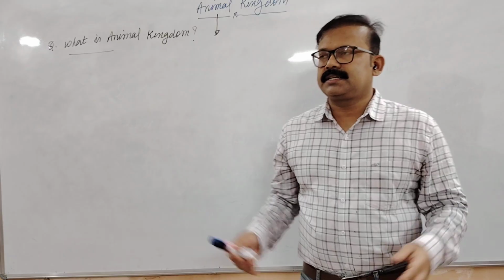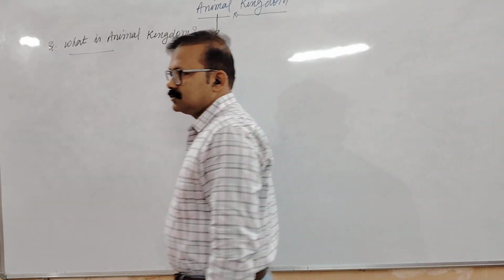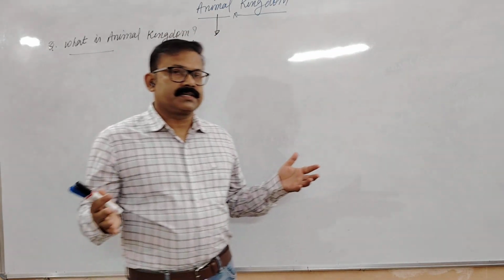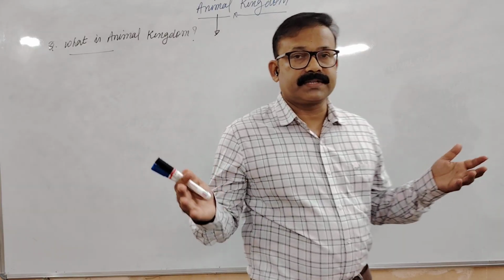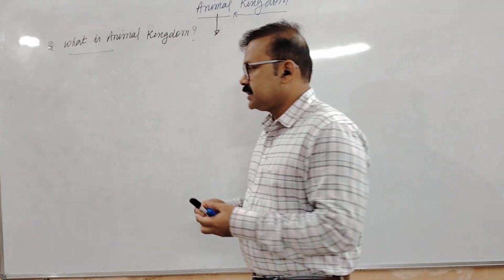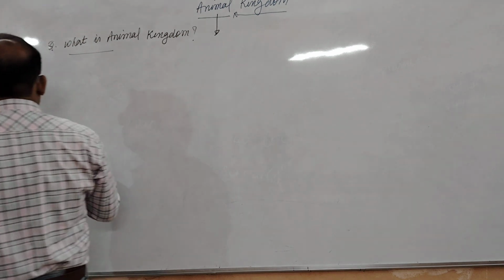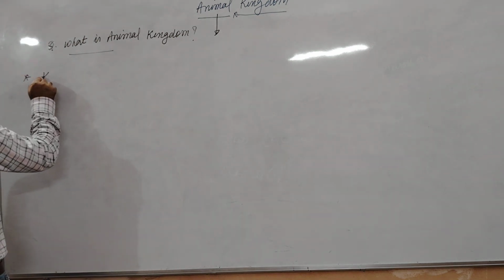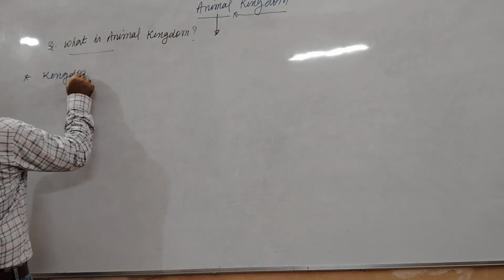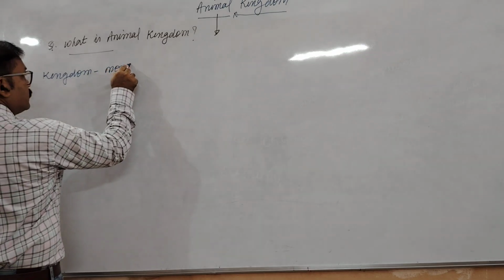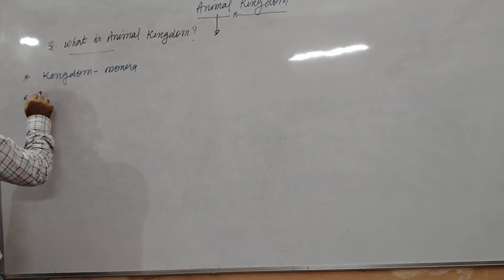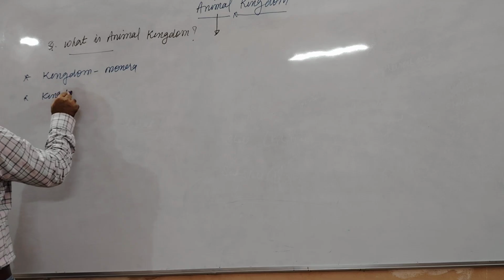You have already studied in chapter 2, biological classification, as far as the five kingdom classification is concerned, these five kingdoms. Number one, kingdom Monera. Number two, kingdom Protista.